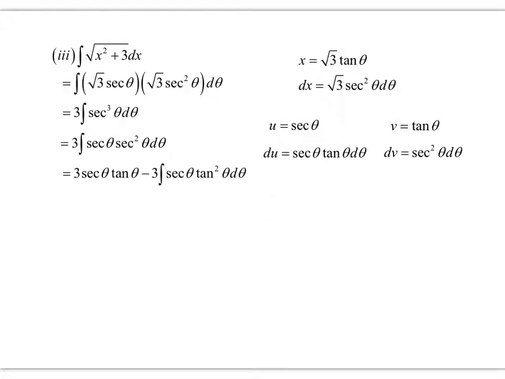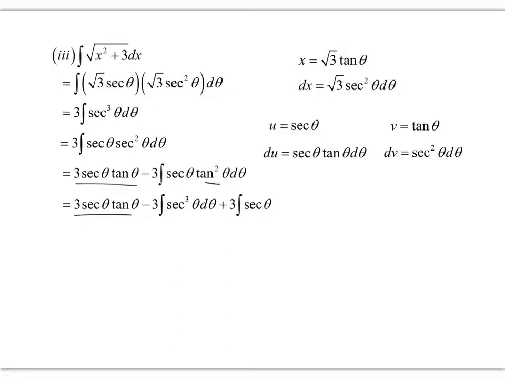So replacing all those values in your u's and your v sections, you end up getting this expression. Remember that 3 multiplies that whole set of brackets. And just simplifying this somewhat, we end up getting, this is the same as that.